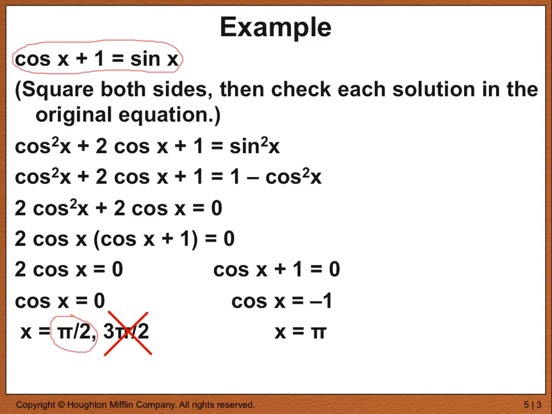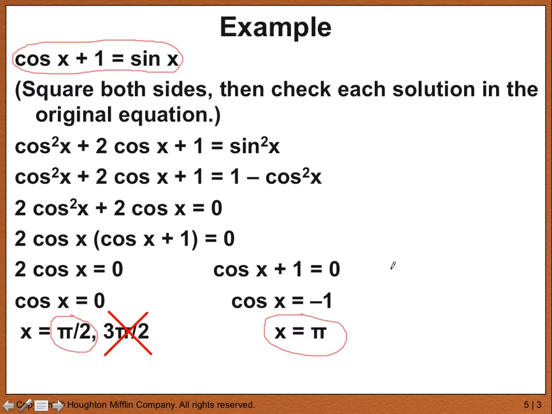Now let's test sine of pi. What is the sine of pi? Well, we're going to be looking for the y-coordinate of that point, and that y-coordinate is 0, and therefore 0 equals 0, and x equals pi is a valid solution. And so I can do that same thing that I did before to keep track of my valid solutions. Just circle it.